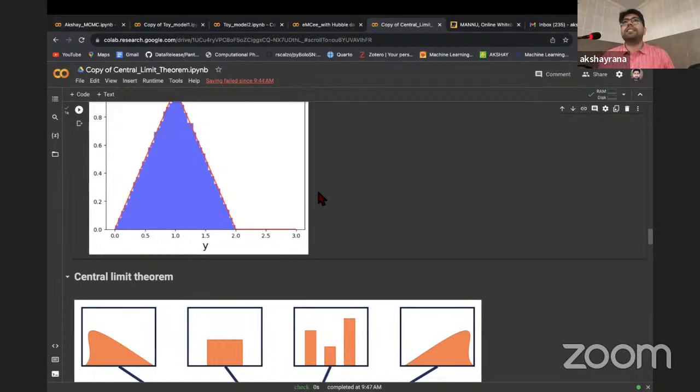This is not a very robust way of doing things, but in case you don't have any information about the inherent distribution, this is the best choice.